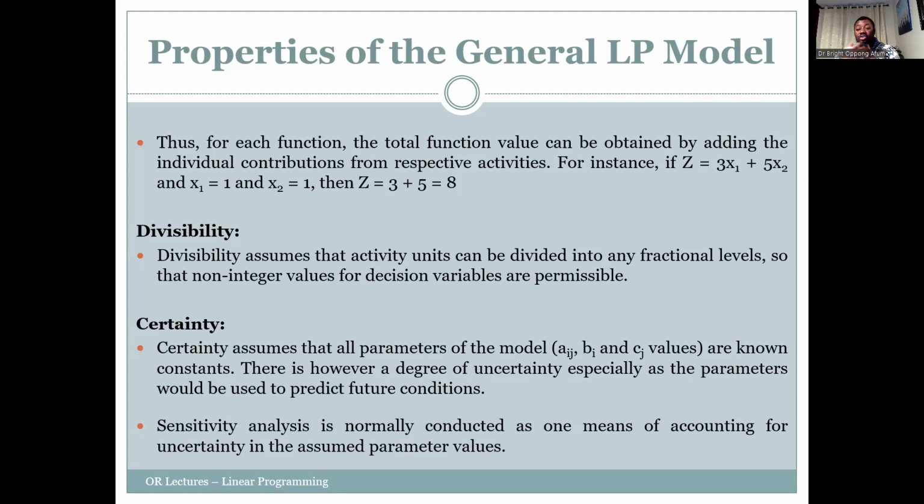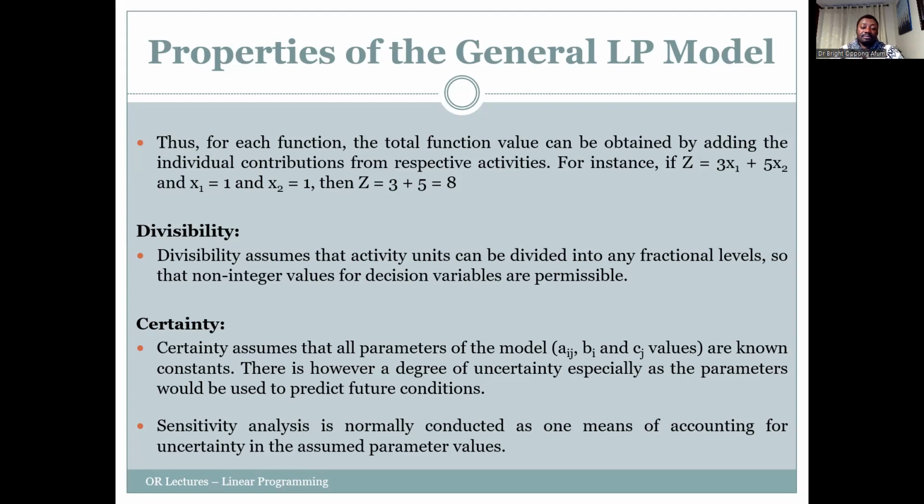So we can get non-integer values, which can be less than 1, like continuous values. But remember that our non-negativity will ensure that we don't get any negative values, right? Great. Then also we assume certainty.